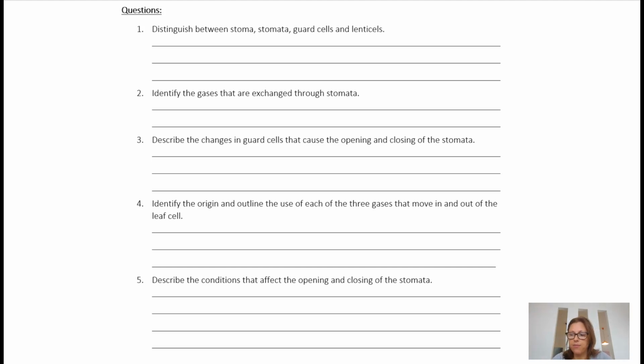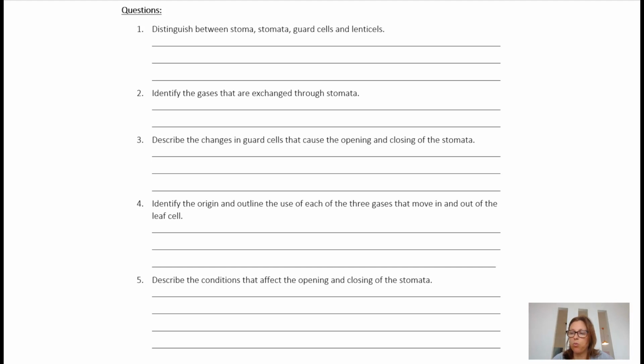Number 4, identify the origin and outline the use of each of the three gases that move in and out of the cell. So we first of all said we have oxygen that's made inside the leaf via photosynthesis, and it's then used in respiration to provide energy for the cell. We then have carbon dioxide. It's taken in from outside the plant, so from the air into the plant, and is used in photosynthesis to provide glucose for the plant.